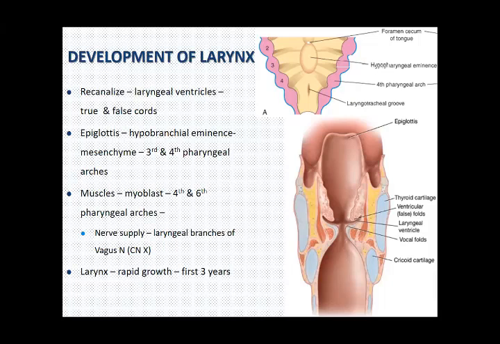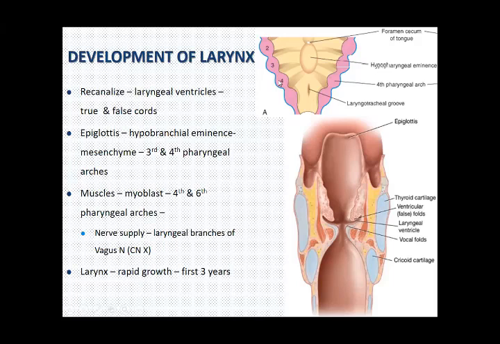Since the muscles develop from the fourth and sixth arch, remember every pharyngeal arch has its own nerve supply and its own blood supply, which we will cover later. The nerve supply comes from cranial nerves.